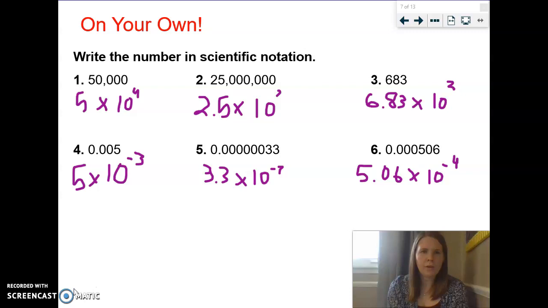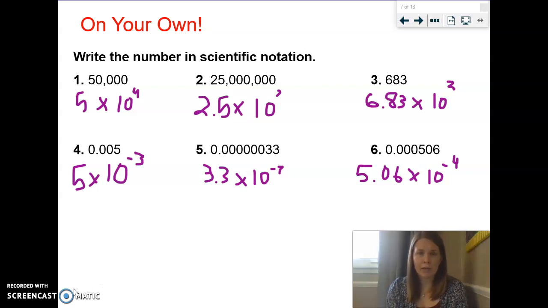All right, welcome back. Here are your answers for these 6 problems. So your first one, you should have 5 times 10 to the 4th. Number 2 is 2.5 times 10 to the 7th. I know it's a little hard to read there. Problem number 3, you get 6.83 times 10 squared.